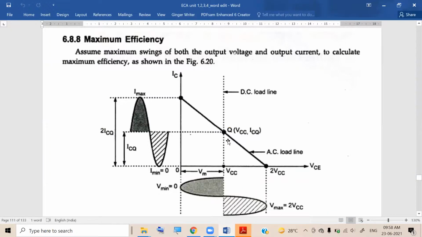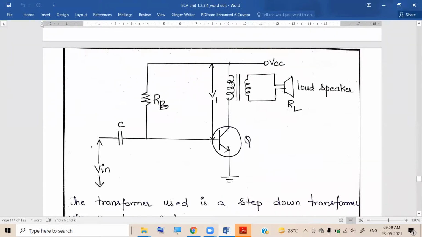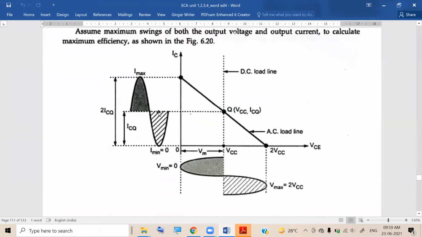Because the DC resistance was 0, VCE is equal to VCC, irrespective of the value on the y-axis. So the x component is constant at VCC. It is a straight line parallel to the y-axis at x value VCC. So this was the DC load line.